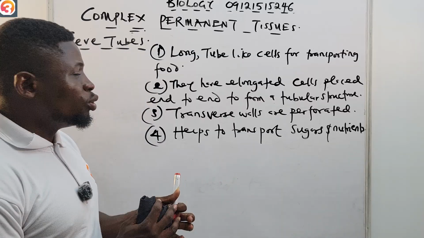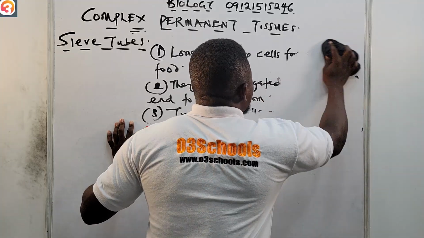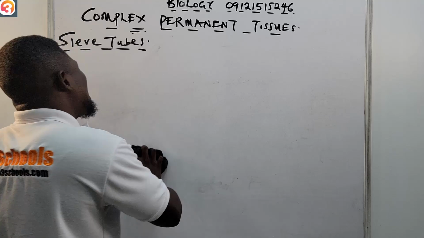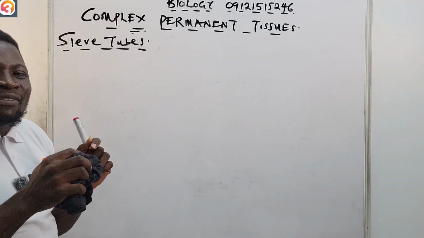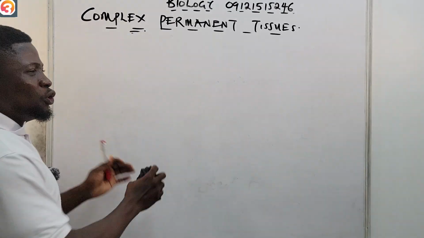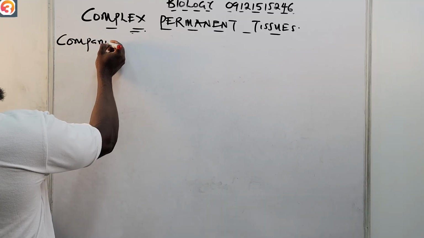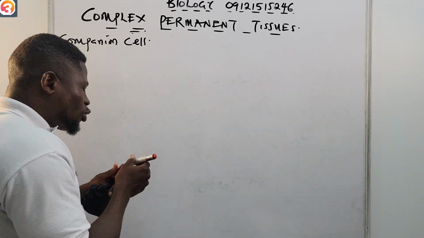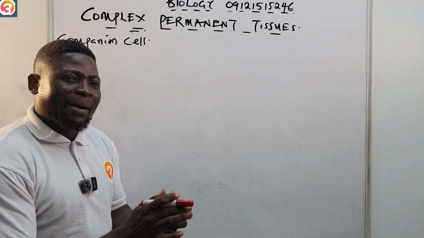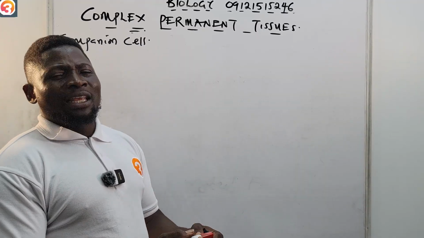So that will now take us to the companion cells. Let us see the characteristics of the companion cell. What the companion cells do mostly is to assist the sieve tubes in their function. That's why they're called companion. You know what a companion is. In your house, the father and the mother assist each other in several different ways.